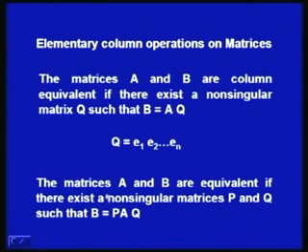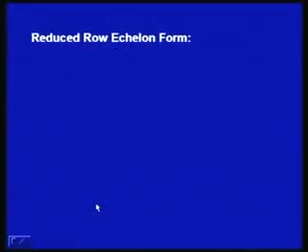So the two matrices are equivalent if B is equal to PAQ. So we have row equivalence, column equivalence, and simply the equivalence of two matrices. Now, all these concepts will be used to obtain the solution of equations.